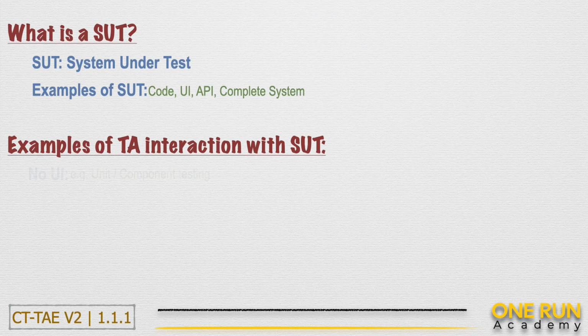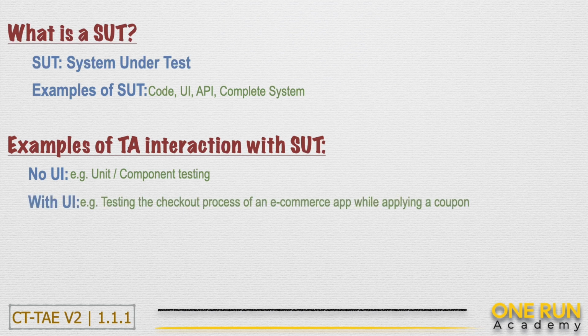First up, with no UI involved. I believe unit testing is a good example here as tests are performed with no user interface available. Second, UI-based interactions. For instance, let's say you want to test the checkout process on an e-commerce app while applying a discount coupon.